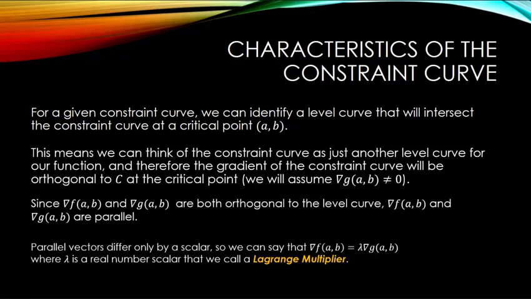So I can say that del f(a,b) = lambda times del g(a,b), or the gradient of f at (a,b) is equal to some scalar lambda times the gradient of g at (a,b). This scalar multiplier, lambda, is a real number, and we call it a Lagrange multiplier.